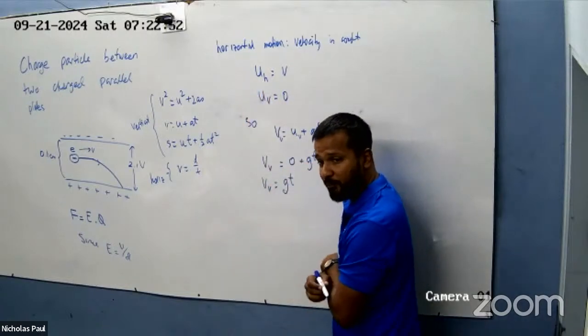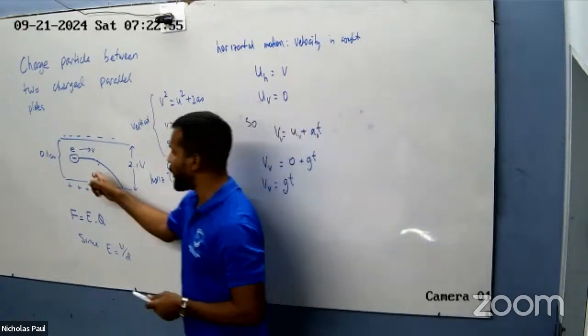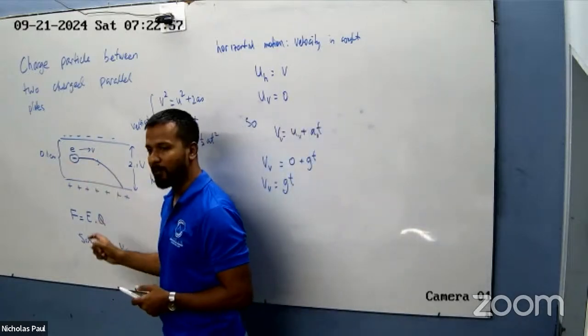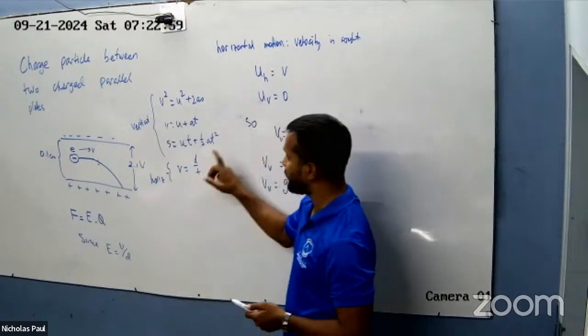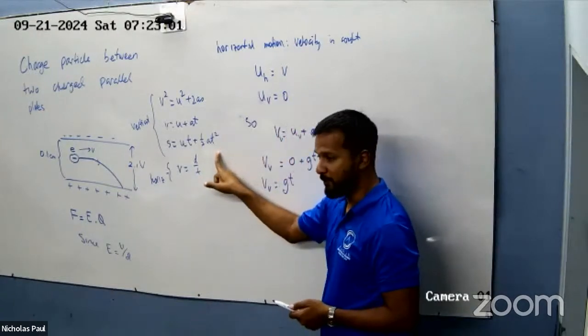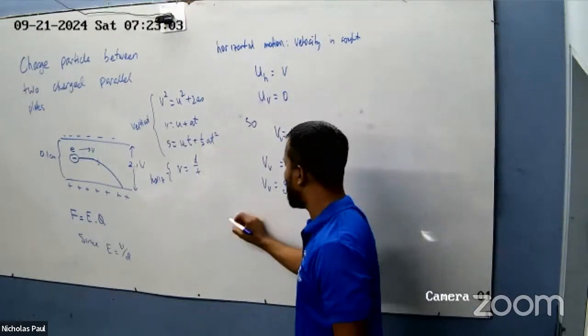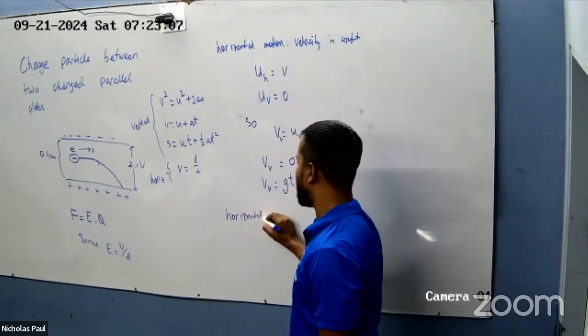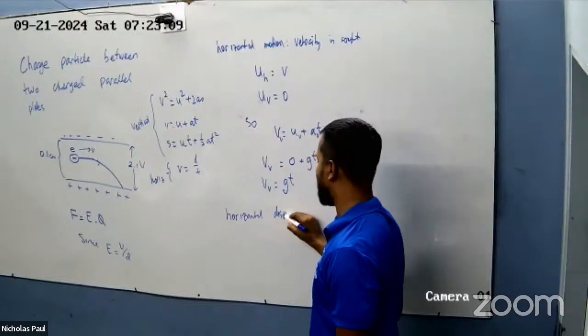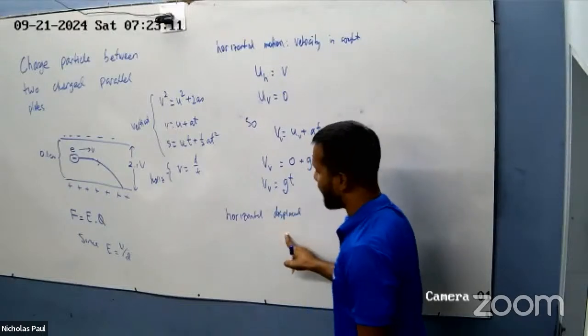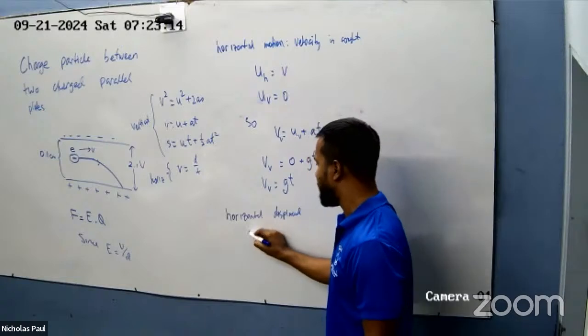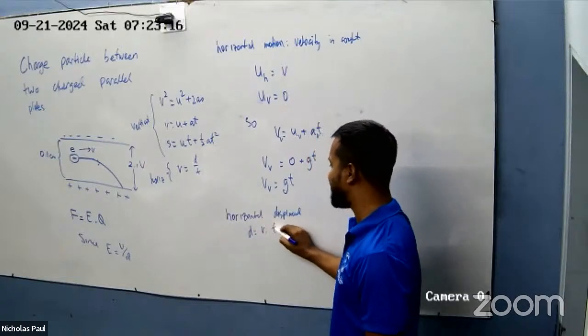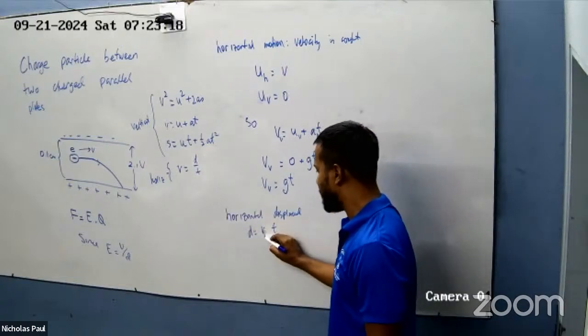What do we use to show the path is parabolic? Which particular equation? We use this. So now, let's see if we can figure out the horizontal displacement and the vertical displacement. Horizontal displacement: displacement is velocity times time.